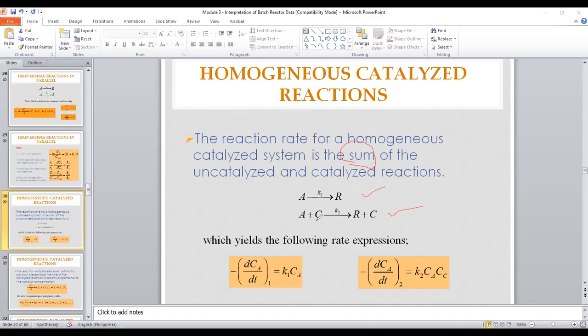You see the presence of the catalyst in both sides of your equation. Since it's not being consumed, then of course it has to appear in both sides of your equation. So this is again the uncatalyzed reaction and the catalyzed reaction. You have to set up also rate expressions for each of these reactions. So for the uncatalyzed, that would be K1 C sub A. So they are not parallel reactions, but rather you simply set up two reactions.